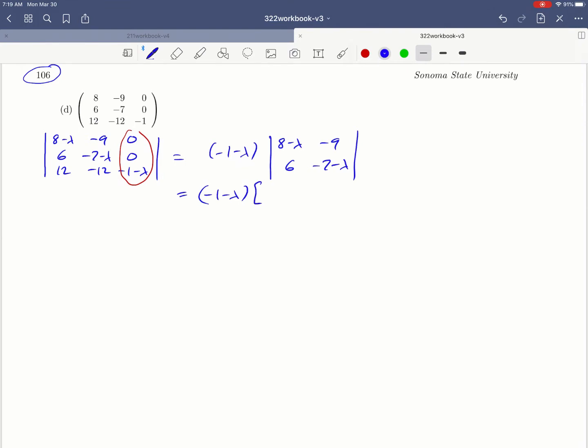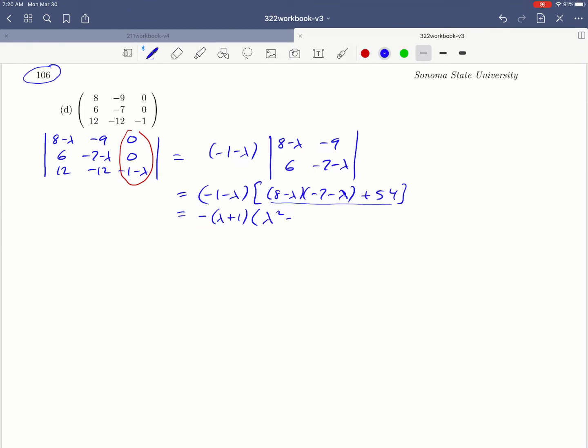If we take the determinant of that 2 by 2, it's going to look like 8 minus lambda, negative 7 minus lambda. Maybe take out a minus sign from that first term. That's going to be a lambda plus 1. And then if you do the algebra inside the brackets and simplify a little bit, here's what you're going to end up with.